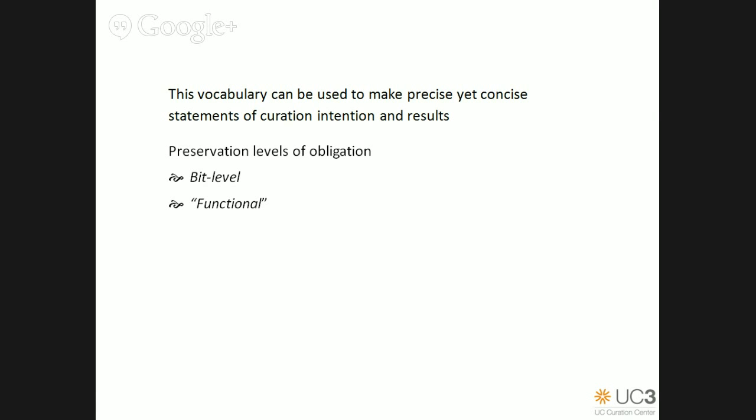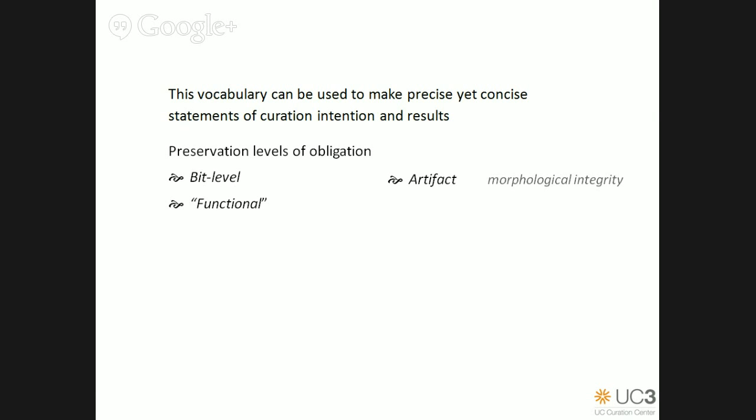Typically, it tends to be a binary thing, and generally they're called something like this. Almost everyone calls the first level bit level, and I think we all have a fairly good understanding of what we mean by that. But then there's this other thing, functional, full preservation, a variety of terms that are widely used, none of which are very well defined at all. I mean, what does that actually mean?